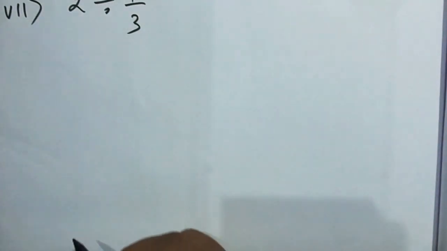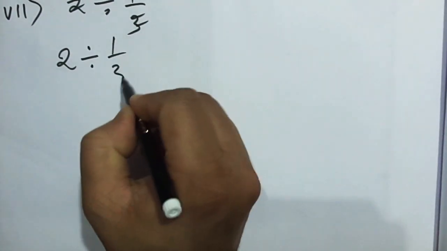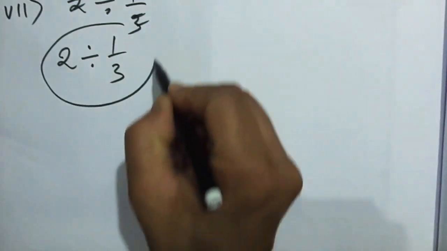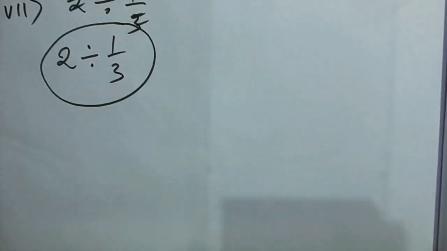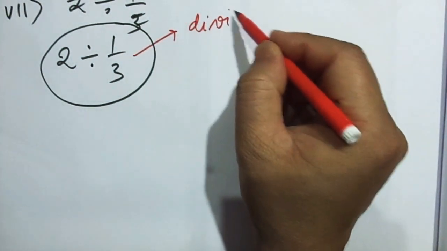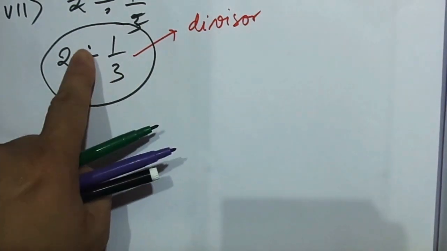In number 7, we have 2 divided by 1 by 3. So here in 2 divided by 1 by 3, I find that 1 by 3 is the divisor. If the divisor is in division form over here, we need to convert this into multiplication form.